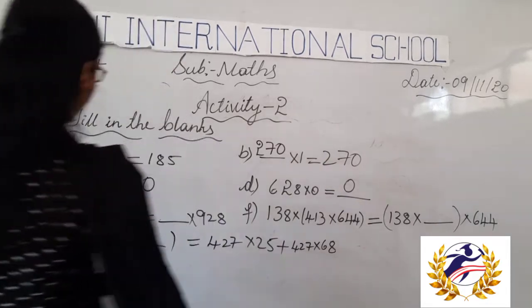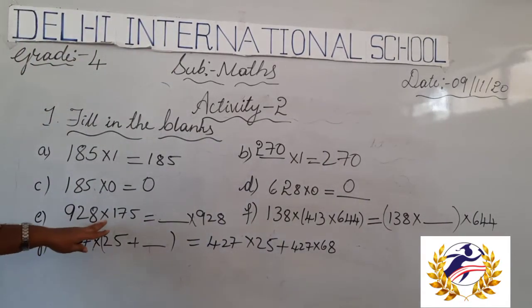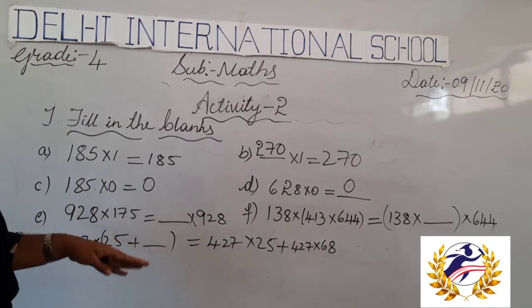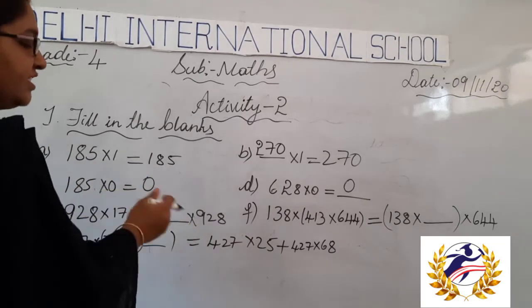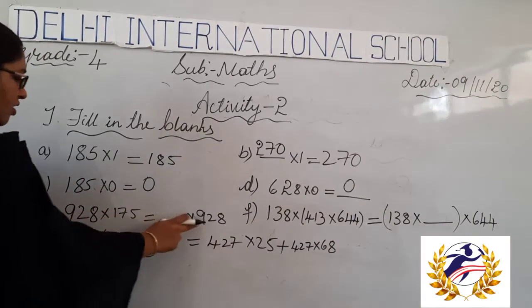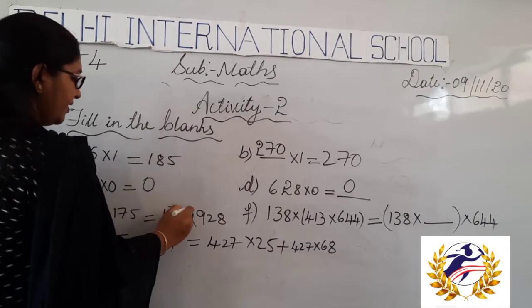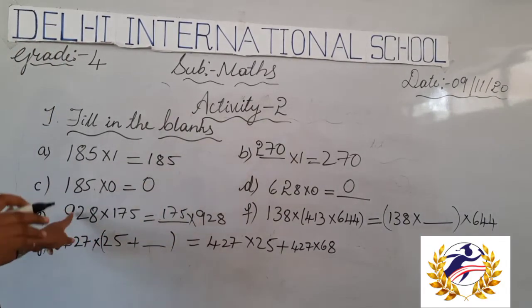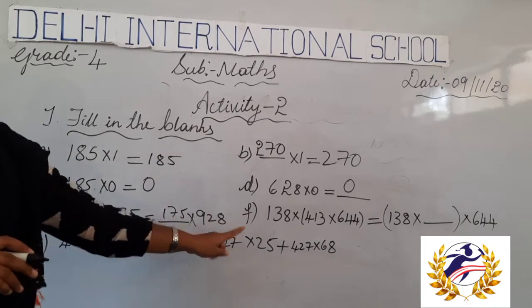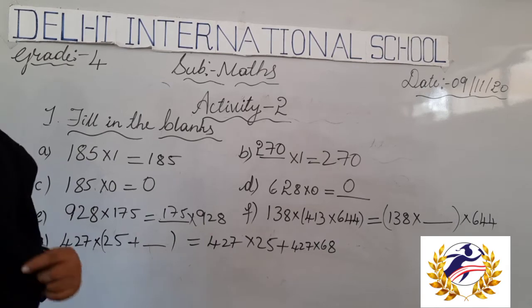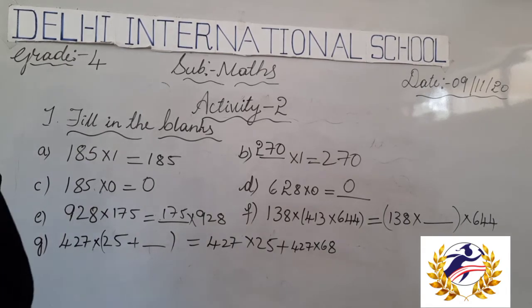We are changing the order. That is, 928 into 175 is equal to 175 into 928. If we change the order, the product will remain the same.